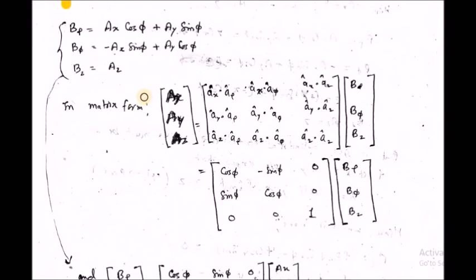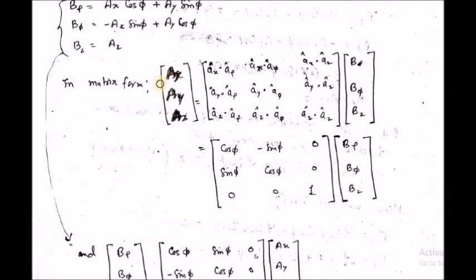For rectangular to cylindrical, what you have to do? Here you will write b rho, b phi, bz. Here it will be b rho, it will be b phi, and then bz. Here it will be ax, ay, az, and this will be something like this.